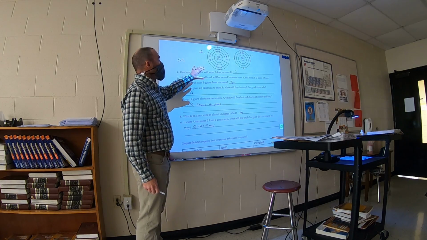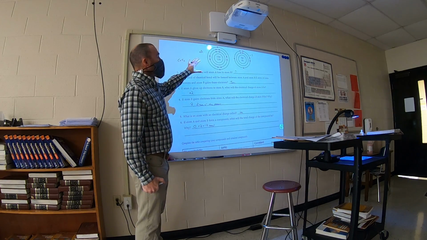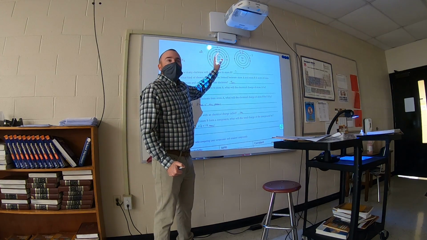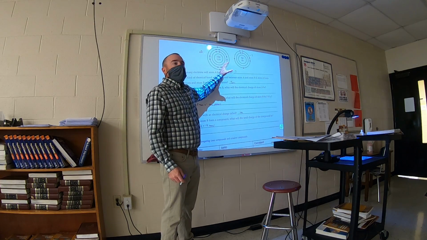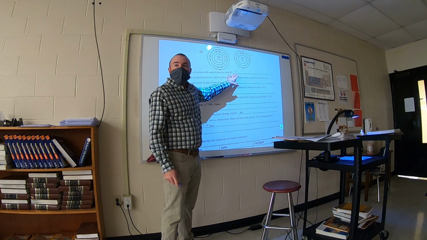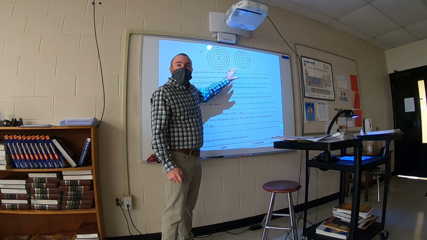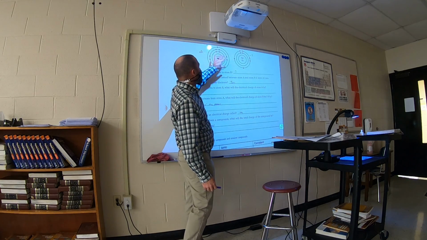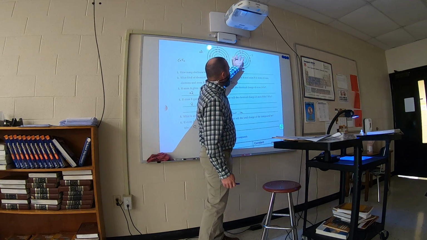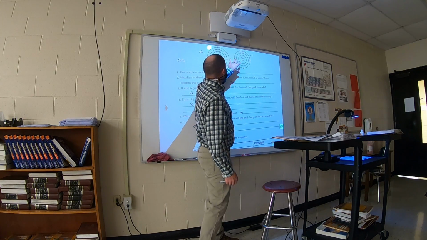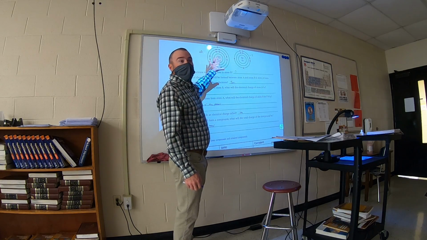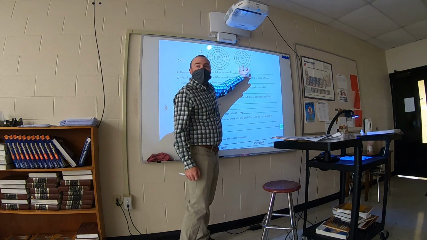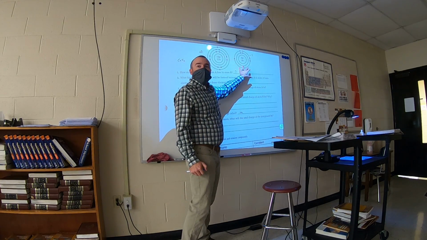If electrons are going to be shared, then we're going to have to have a number that's closer to 8 to share. Because if these 2 are being shared, this atom wants these electrons a lot more than this atom over here. So it's not going to share them, it's just going to take them. So that's why it forms an ionic bond.